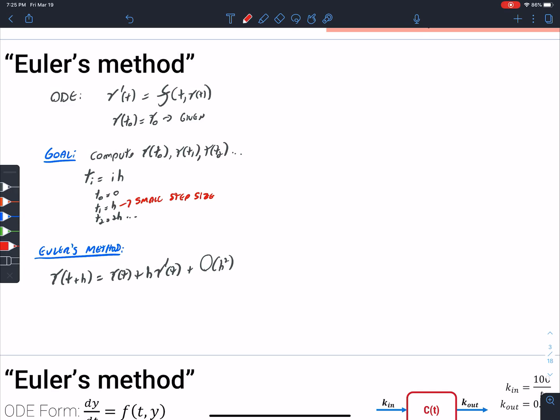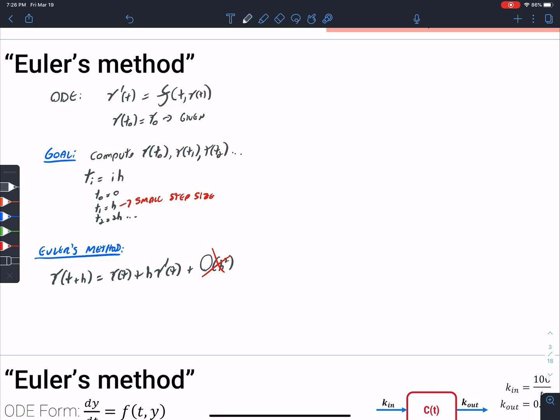We're going to assume that we choose h small enough that this term, order h squared, is even smaller, so it's going to be negligible. The error that we'll see in this method will be negligible. So the whole goal here is that we start from this given y of t0, and since this is given, we can plug t0 here and y of t0 here.